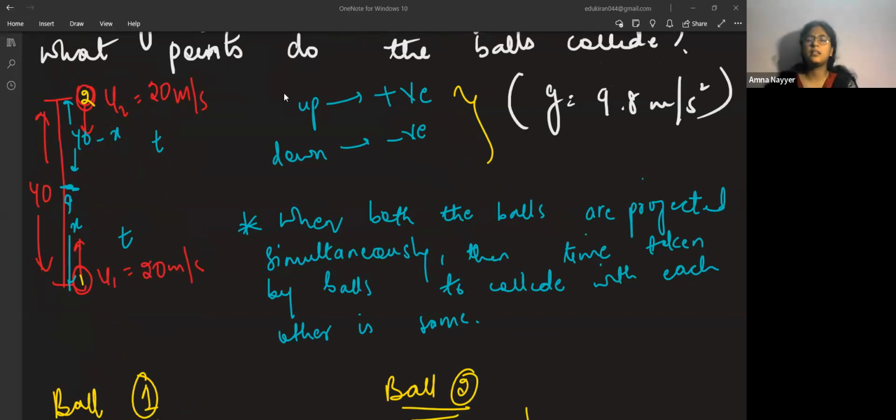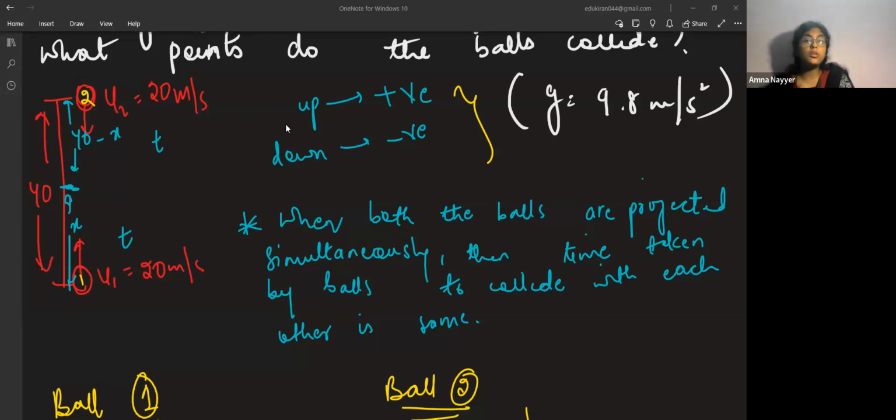You had only answered that this displacement is 40 minus x. The entire separation is 40. Ball 1 is covering x displacement. Ball 2 is covering 40 minus x. Displacement's magnitude will be 40 minus x. And what should be the sign? Minus 40 minus x or plus 40 minus x?